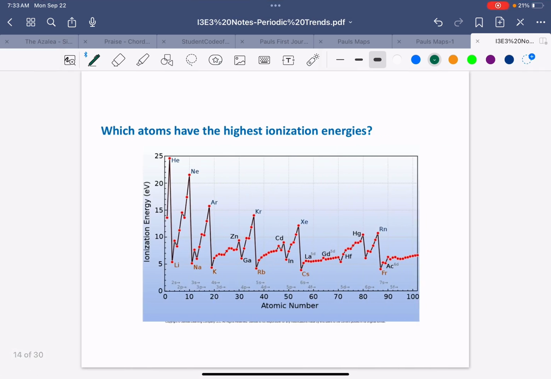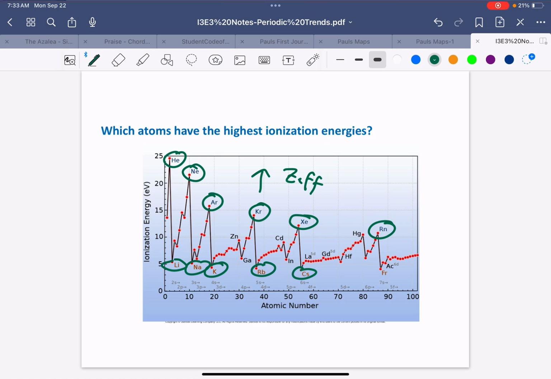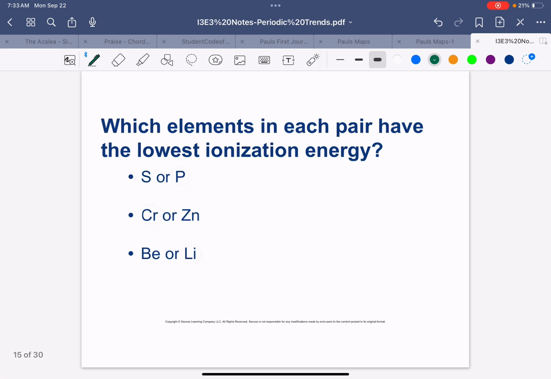So if we're plotting all of the elements, you'll see that the noble gases sit atop all of their groups. This is because they have the largest Zeff in each of the rows. You'll notice that the bottom elements will be the group 1 elements. They have the lowest Zeff in each of their rows. So which element in each pair has the lowest ionization energy?